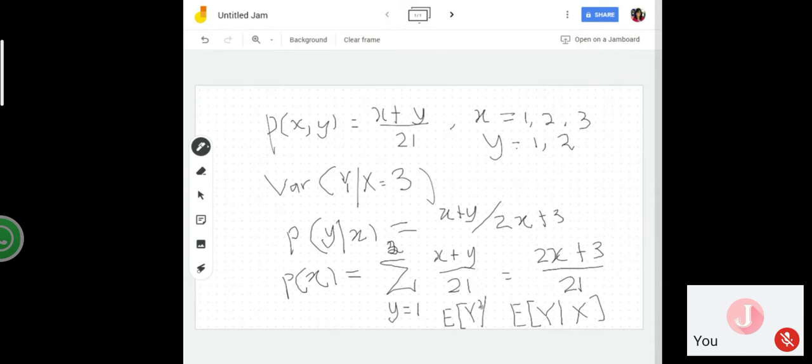So yang paling penting kamu tahu basic. Okay. Iris. Cuba buat kalau tidak kamu boring dengan kelas online.